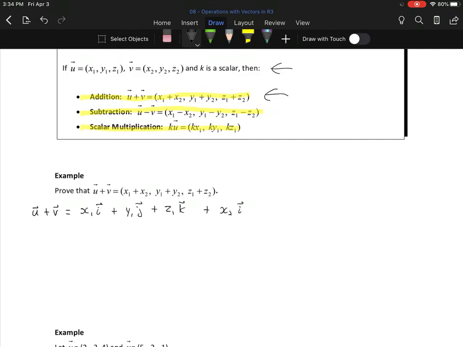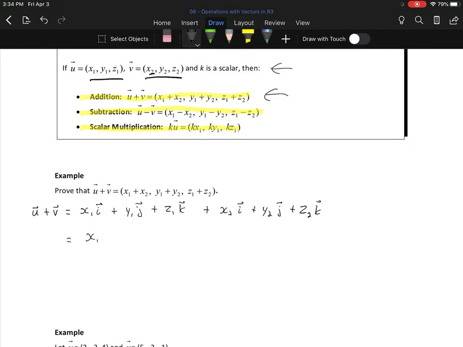And then v is made up of x2 i vector plus y2 j vector plus z2 k vector. So all I've done is make up u right here in terms of i's, j's, and k's. I've made up v right here in terms of i's, j's, and k's.